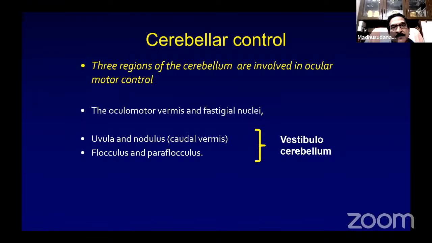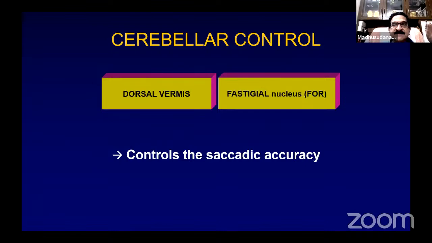The function of these two parts is different. The dorsal vermis and the fastigial nucleus, the other is called FOR. FOR means that part of the fastigial nucleus concerned with oculomotor control, the fastigial oculomotor region. That is the full form of FOR.